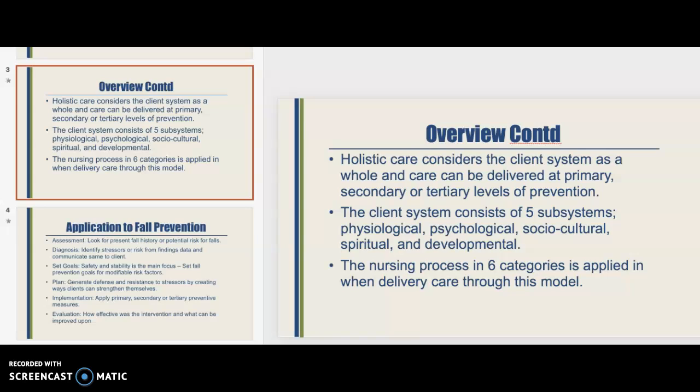Prevention can be primary, where the disease, condition, or injury has never occurred and we are just intervening to ensure that it does not occur. At the secondary level, the condition is being screened for to find out if there are potential risks or chances that such a disease or condition could occur, and then we provide appropriate interventions at that level.